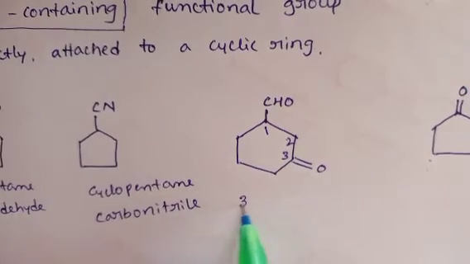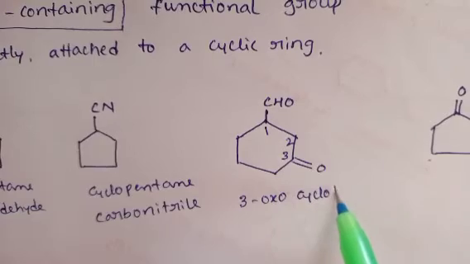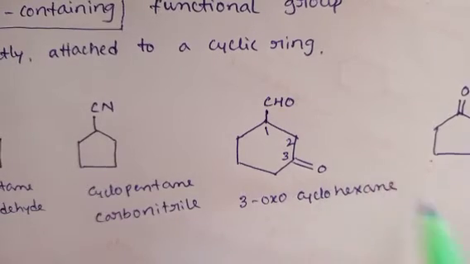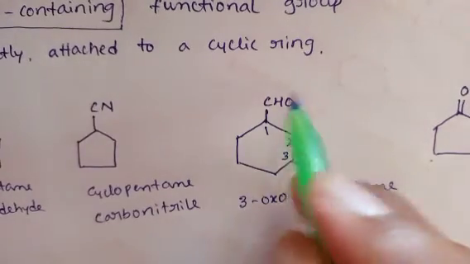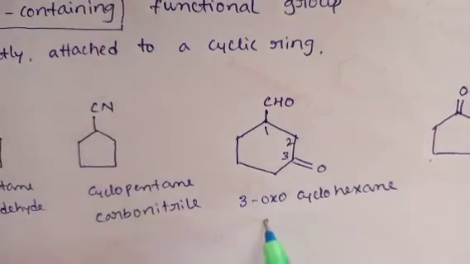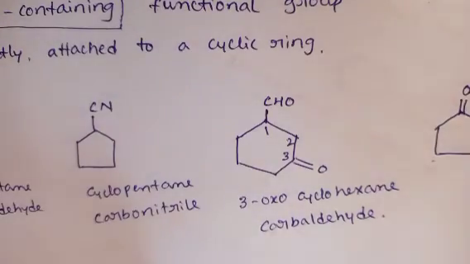So 3-oxo. Substituent part is completed. Remaining part is easy. So cyclohexane, and what is the main priority functional group? CHO. Carbon containing, so carbaldehyde.